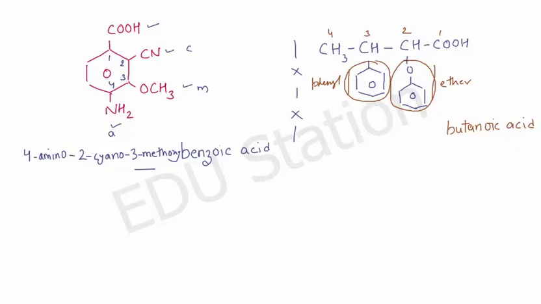One is directly a ring, which is phenyl. O and ring, the YL will get cancelled out and become phenoxy. Alphabetically O comes before Y, so it will be 2-phenoxy-3-phenyl butanoic acid.